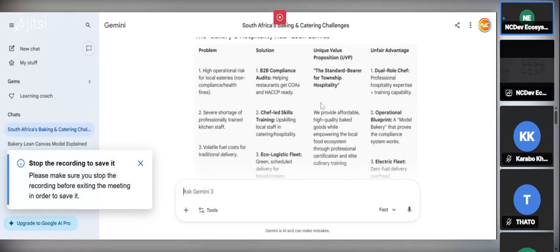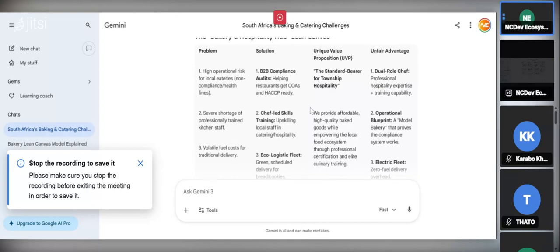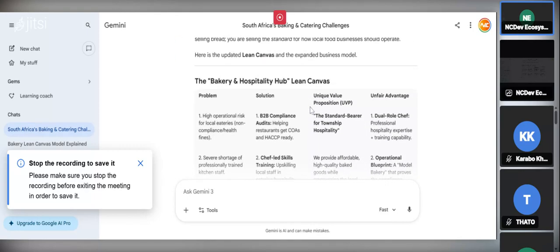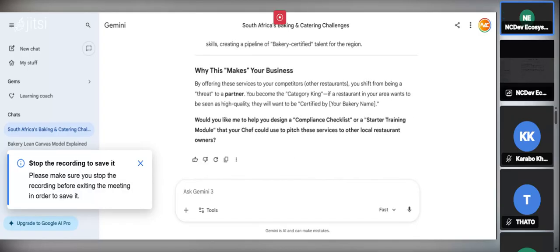An example of that would be McDonald's, right? McDonald's is not a burger or restaurant company. It's a property company basically.